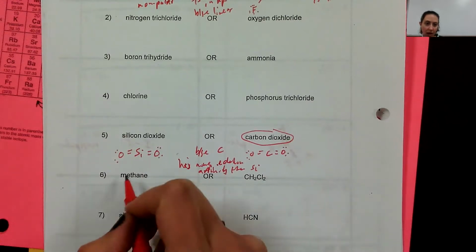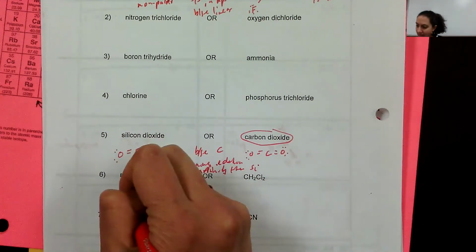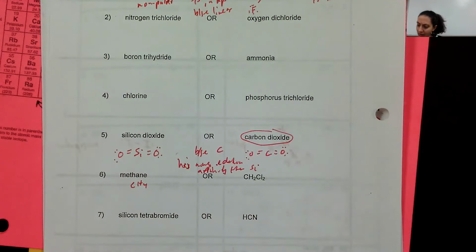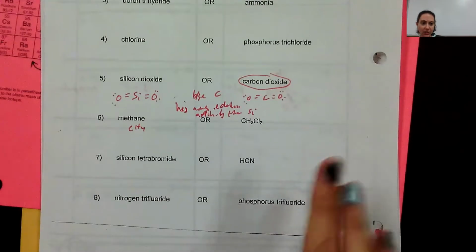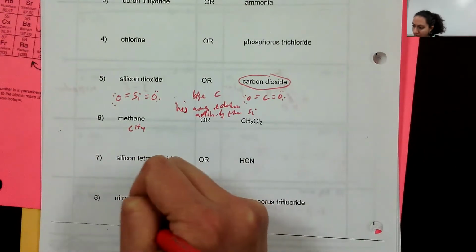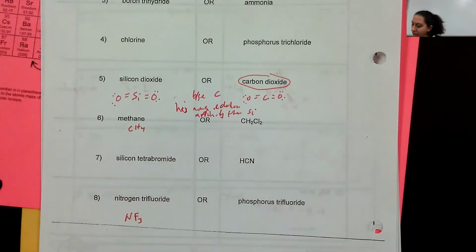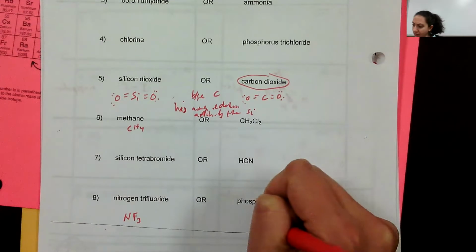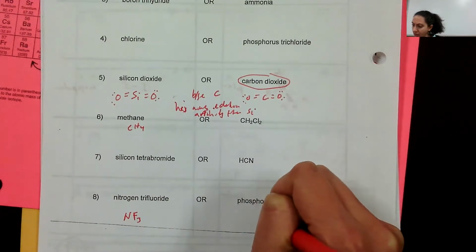Yeah. Let's do number 6 real quick, because methane is CH4. So we need to know what that is. Well, maybe let me see if there's a more fun one that we can do. CH4, so you'll need to know that. You know what, let's do number 8. So nitrogen trifluoride versus phosphorus trifluoride.